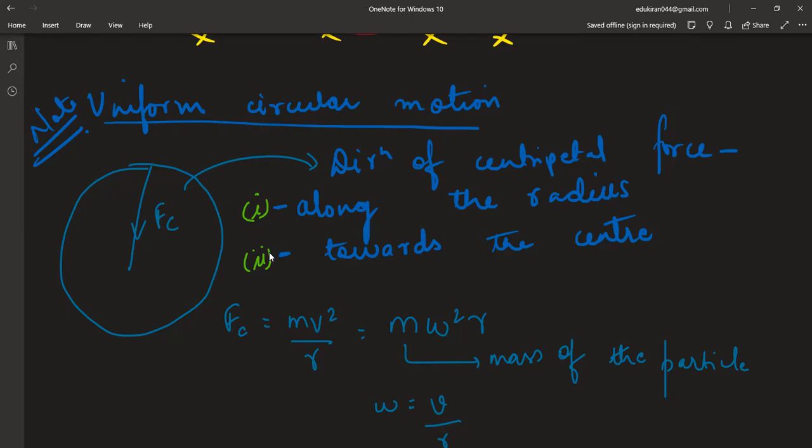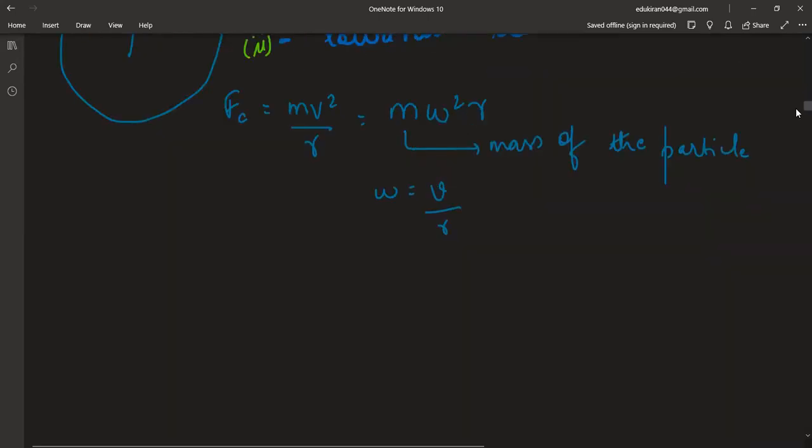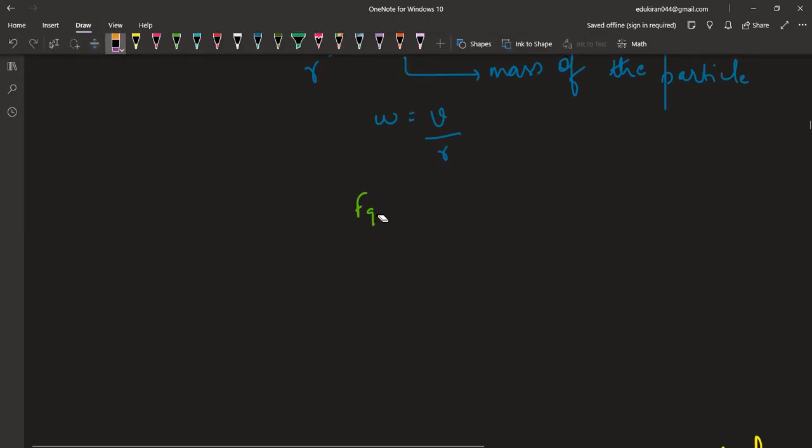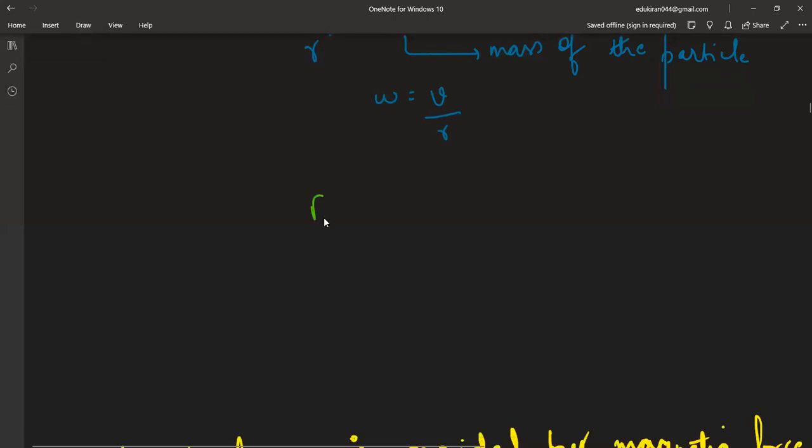So here, what can we observe? Here we can see that the magnetic force is providing the centripetal force. Magnetic force is QVB and centripetal force is mv square by r.